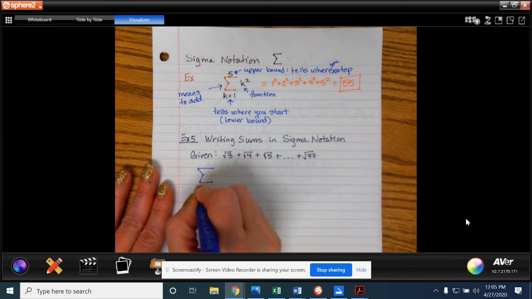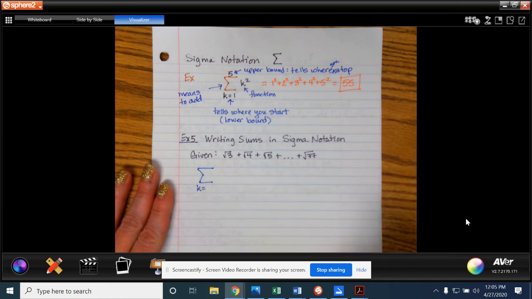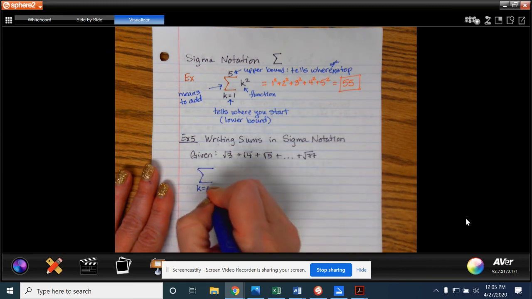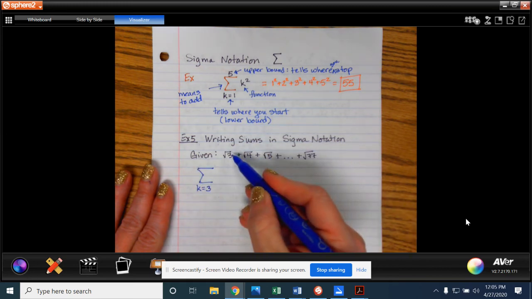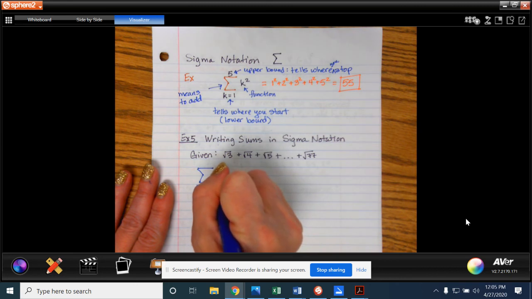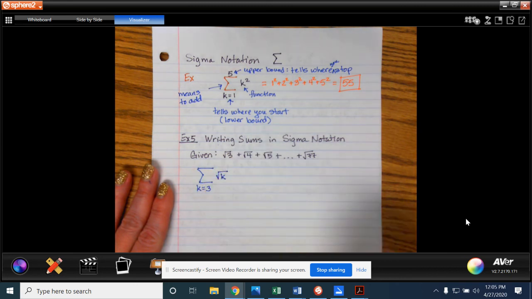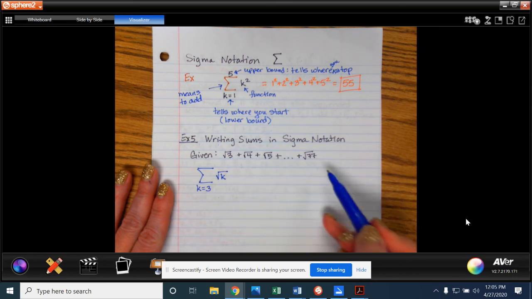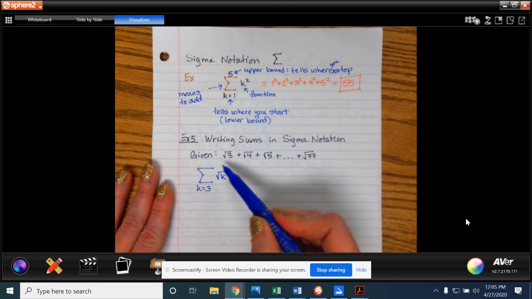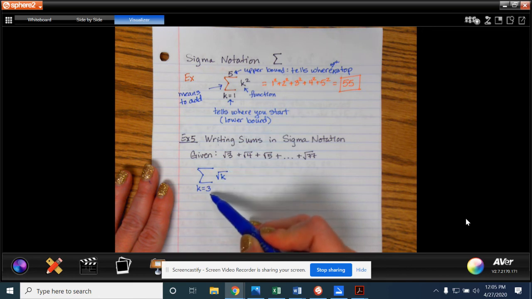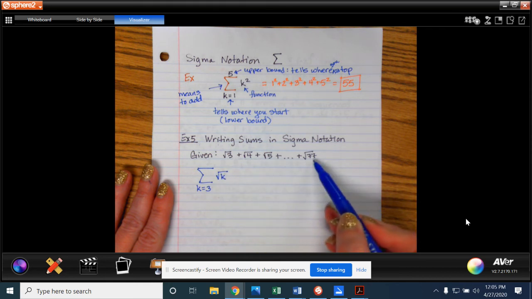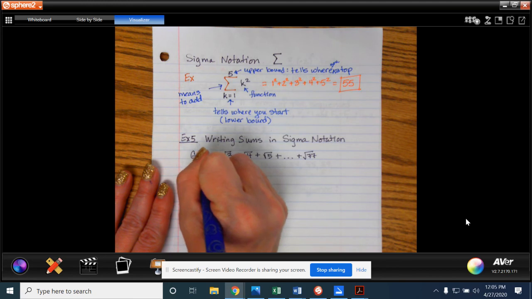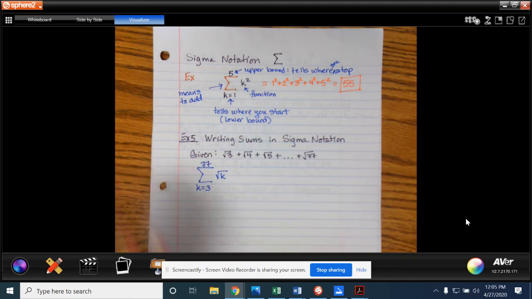So k is going to equal my lowest position, which is going to be 3. I would have to have the function being the square root of k, because it's the square root of the input of that number. Well, the first one in this sequence is the square root of 3. So my lowest value is going to be 3, up to my highest value of 77. That's where I'm going to end.